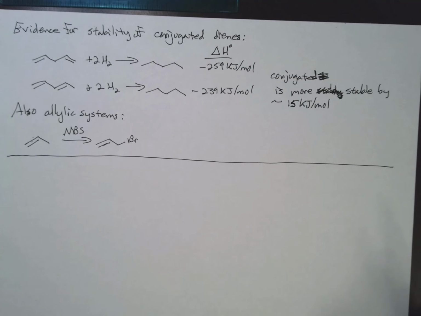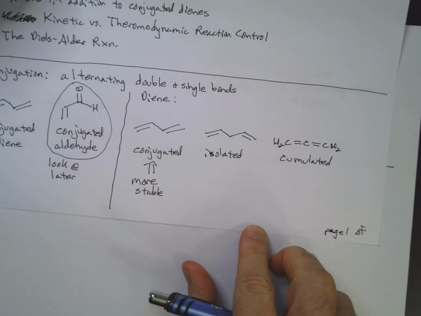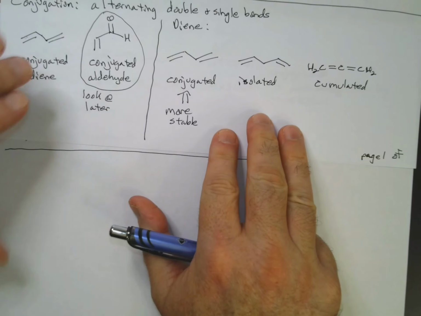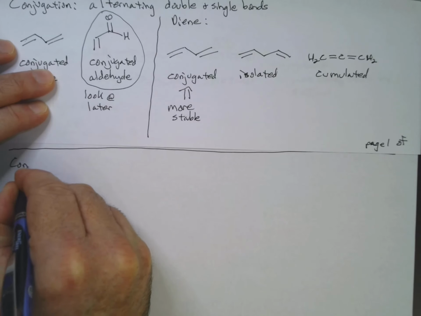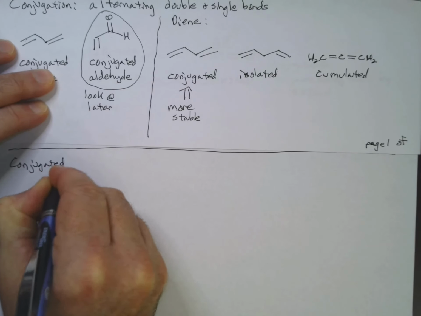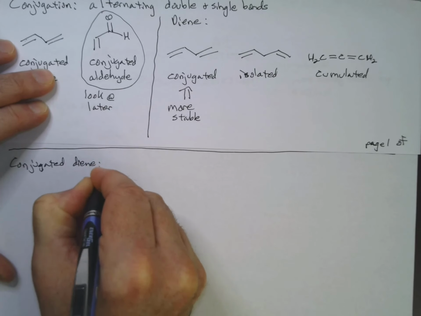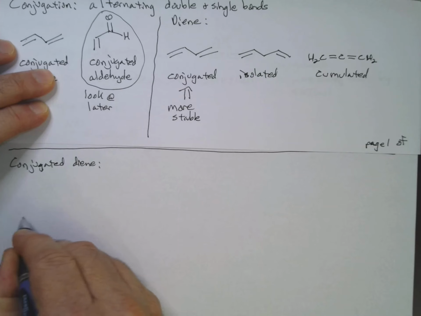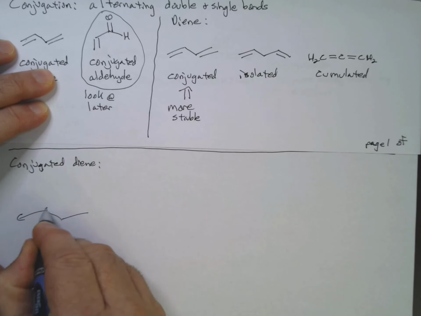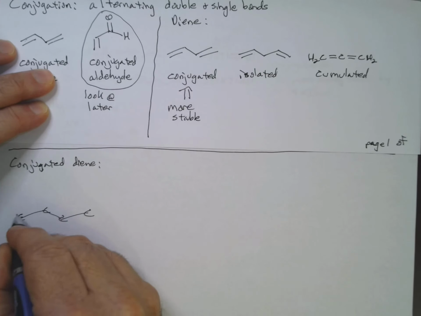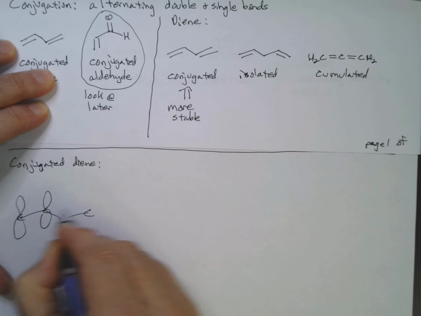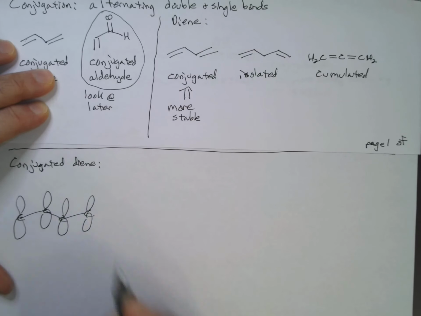If we have a conjugated diene, I could go ahead and draw my carbons, and these are my sigma bonds, and then I've got a p orbital for each carbon. Maybe I'll do pink and blue.